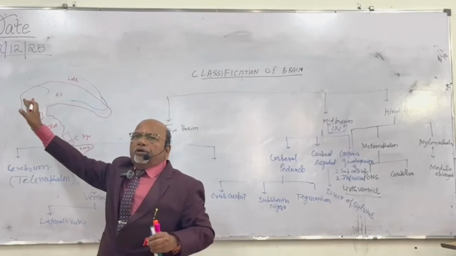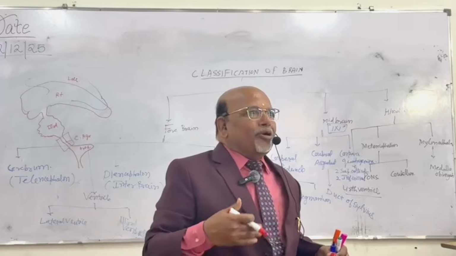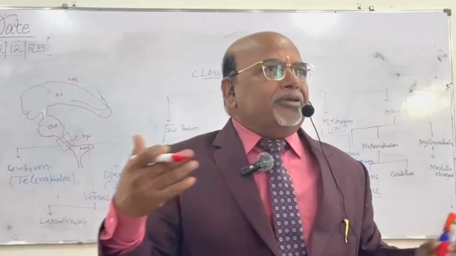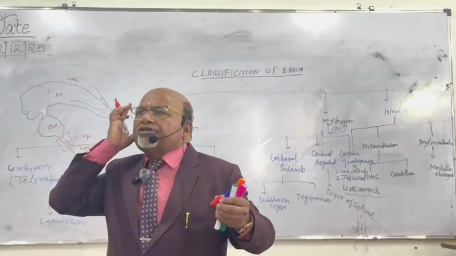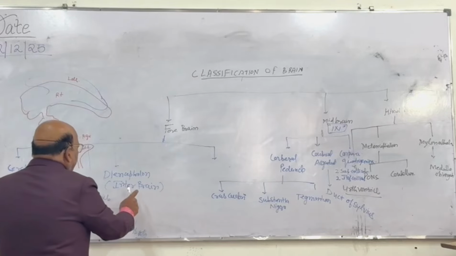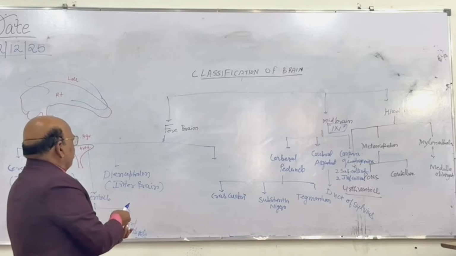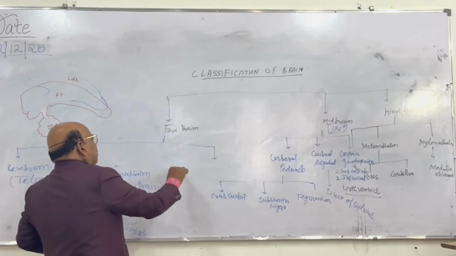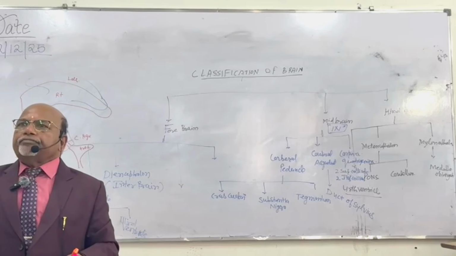Later on we will discuss the foramen of Monro, foramen of Luschka, foramen of Magendie, when I teach the ventricular system of the brain. Now just come to the point: diencephalon, interbrain, lateral ventricle, and this one. This one also has some peculiar structure.